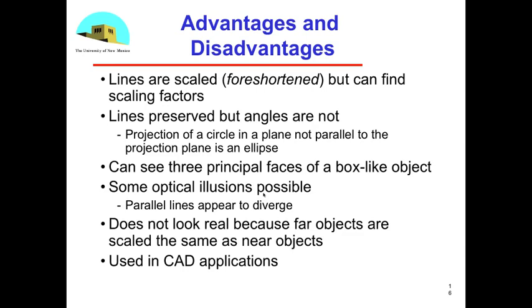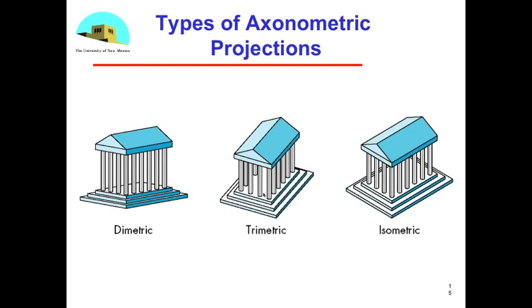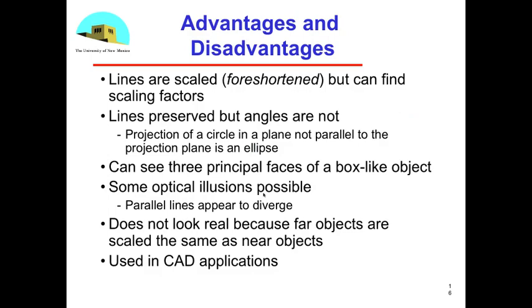They don't look necessarily that real, these projections, because they don't really have what you would see if you were looking at it, where things far away were smaller than things close to you. So there's sort of a halfway measure to getting more realistic applications, but they're very, very useful in CAD.